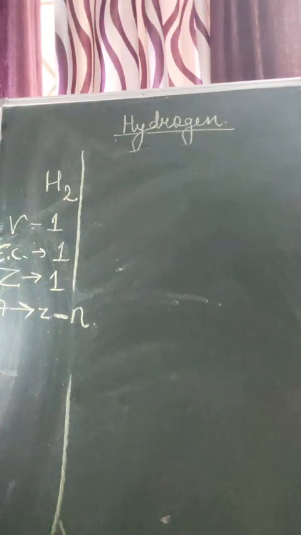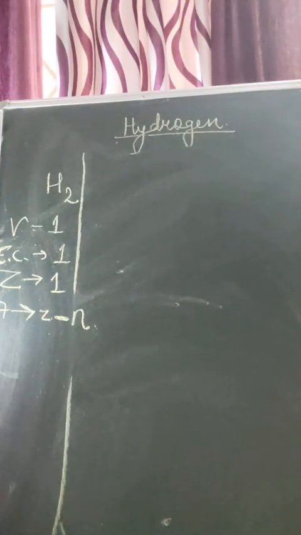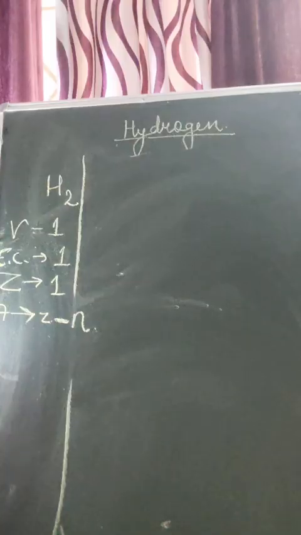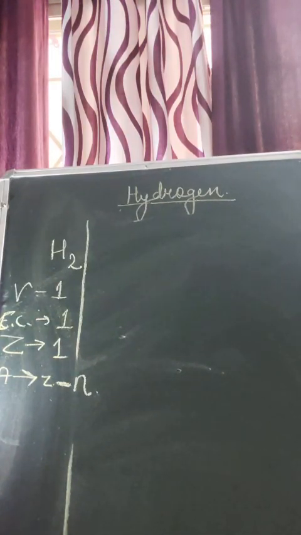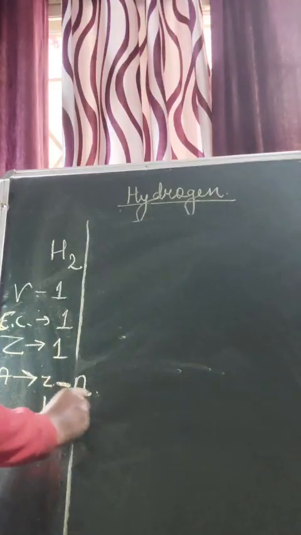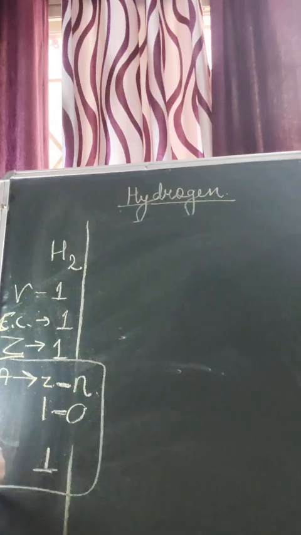So the atomic number of this hydrogen is 1, so its mass number will be 1, with number of neutrons 0. This is the formula of calculating the mass number.